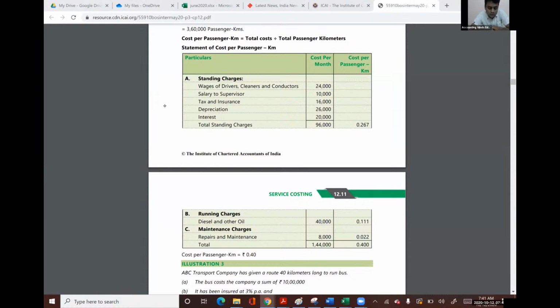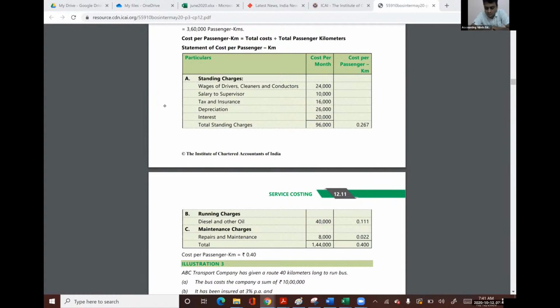Right. The only thing which you are not asking here, and maybe someone in the exam may put a doubt in your mind, is related to interest. Generally, interest is a finance charge. It's not considered in costing. In costing, it's more of a financing charge than an administration cost.